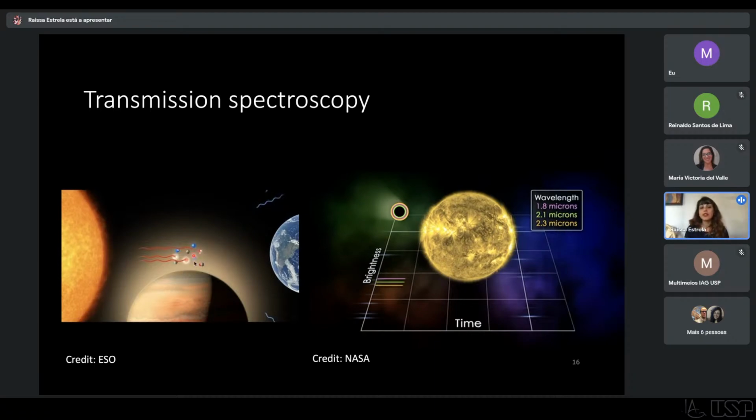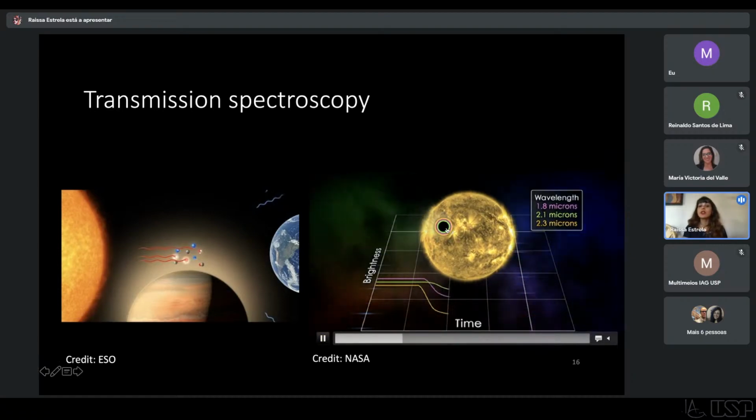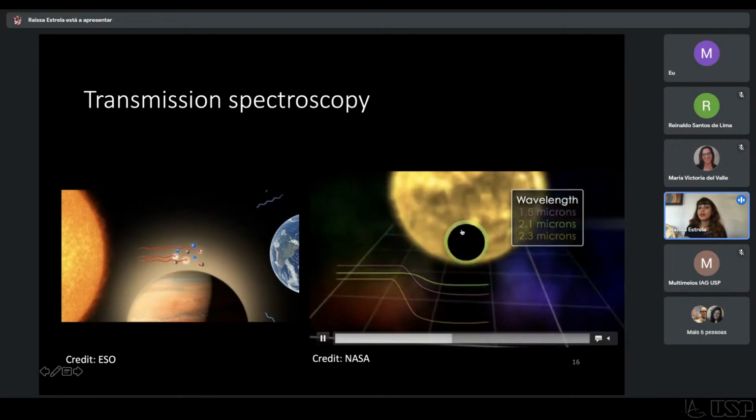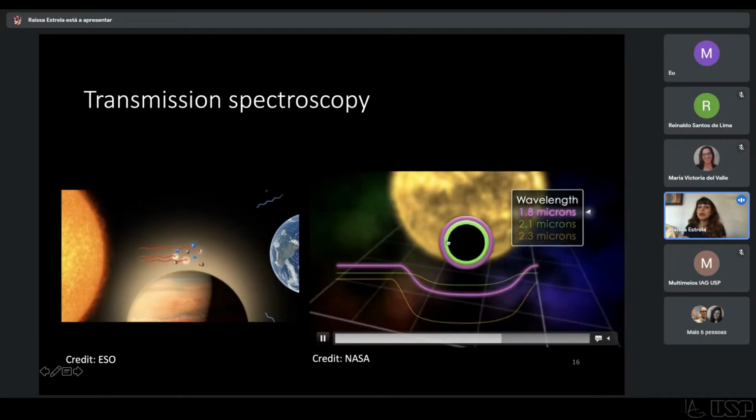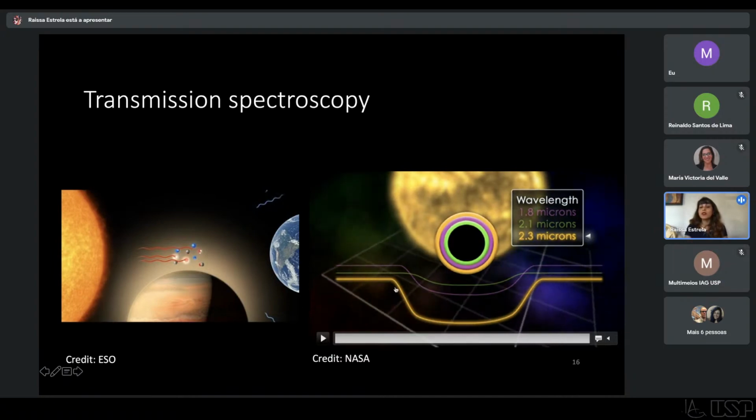We can see the signal of absorption during the transit of the planet. During the transit, the planet is passing in front of the star and is going to block part of the starlight. So it's going to dim the brightness of the star, and we can see this in the transit light curve.